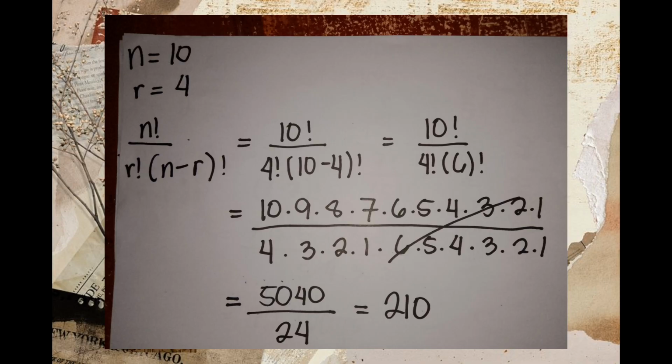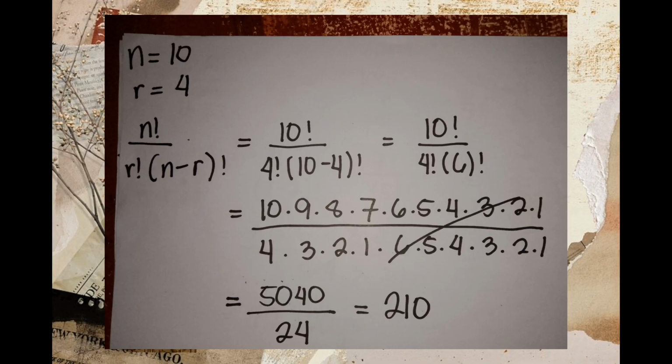The factorial of 10 is 10 times 9 times 8 times 7 times 6 times 5 times 4 times 3 times 2 times 1, over the factorial of 4, which is 4 times 3 times 2 times 1, and 6 factorial is 6 times 5 times 4 times 3 times 2 times 1. Eliminate the 6 times 5 times 4 times 3 times 2 times 1 over 6 times 5 times 4 times 3 times 2 times 1 because they are the same. So, let's multiply the 10 times 9 times 8 times 7.